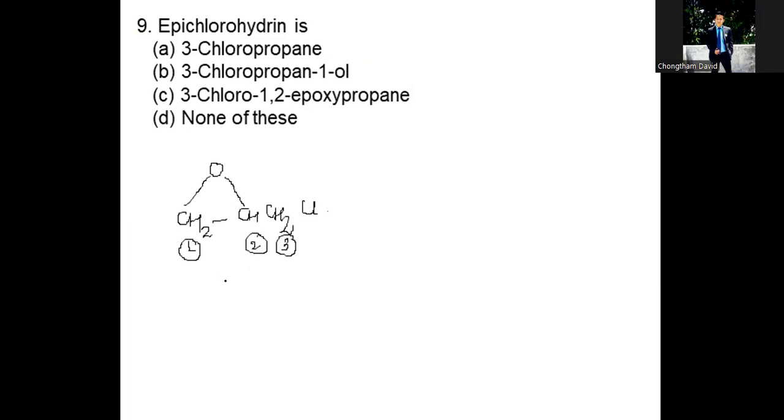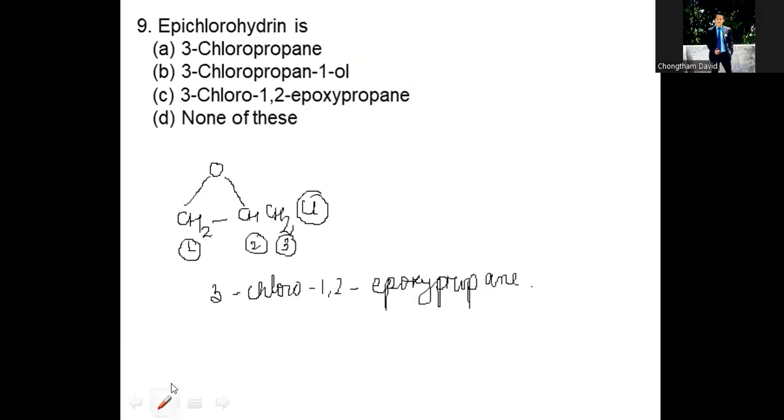Start counting from this substituent, which is present on carbon number 3. 3-chloro-1,2, this is the epoxy part, so we call it epoxypropane, and commonly we call this epichlorohydrin. So the answer for question number 9 will be option number C.